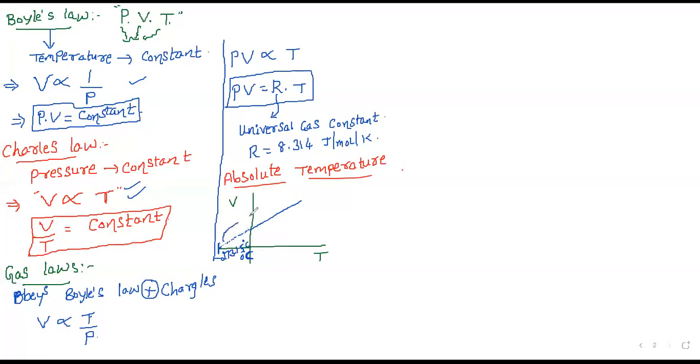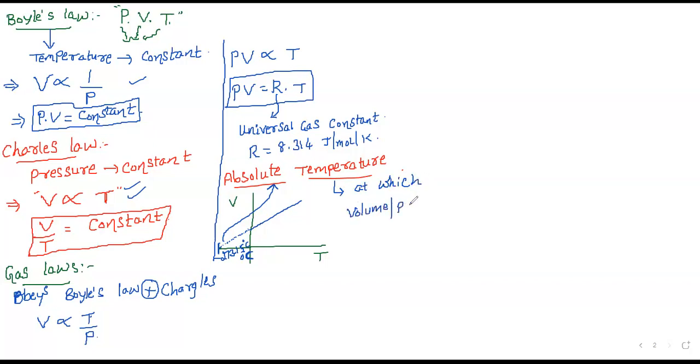Actually, this temperature we call an absolute temperature. So absolute temperature is the temperature at which the volume, or you can also conclude pressure, of an ideal gas is 0.